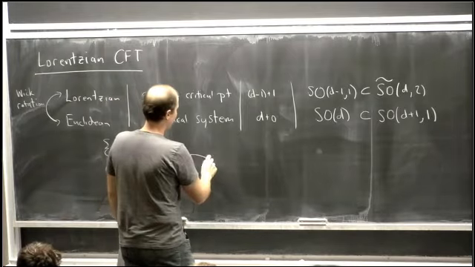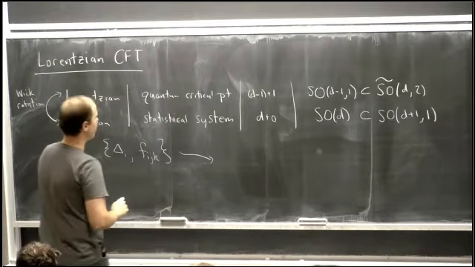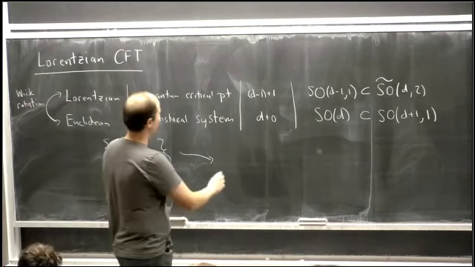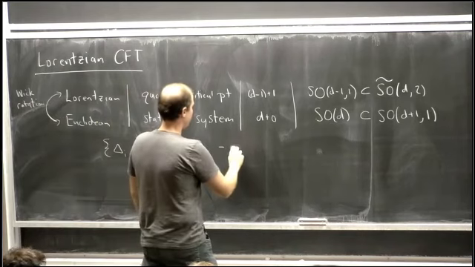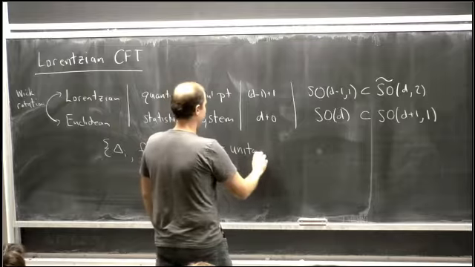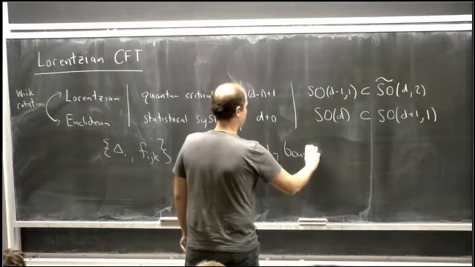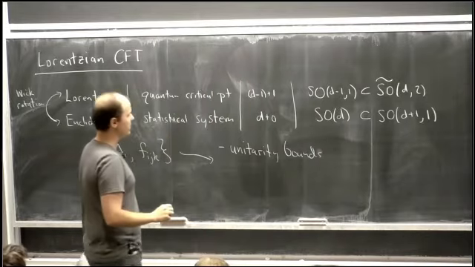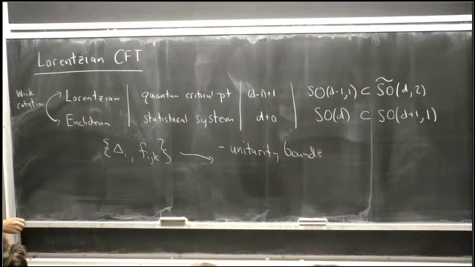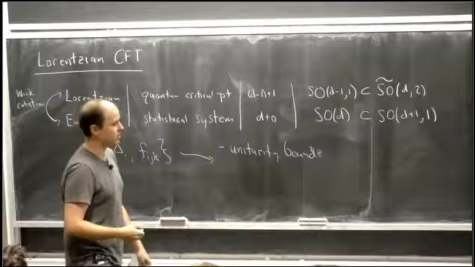We'll see how far we get in this course. But some examples that we're going to try to talk about are, first of all, unitarity bounds. I like this example because you can study unitarity bounds easily enough in Euclidean signature.